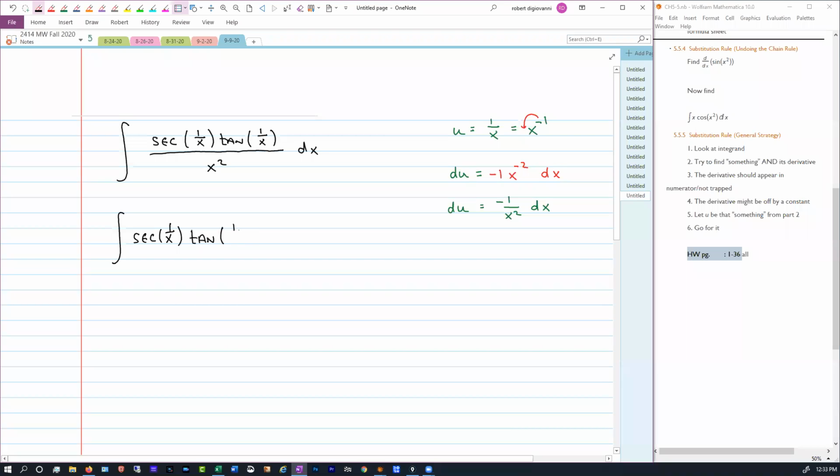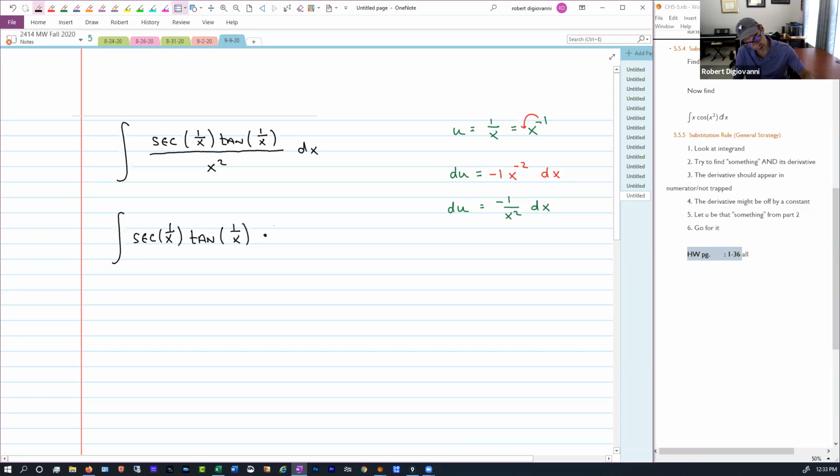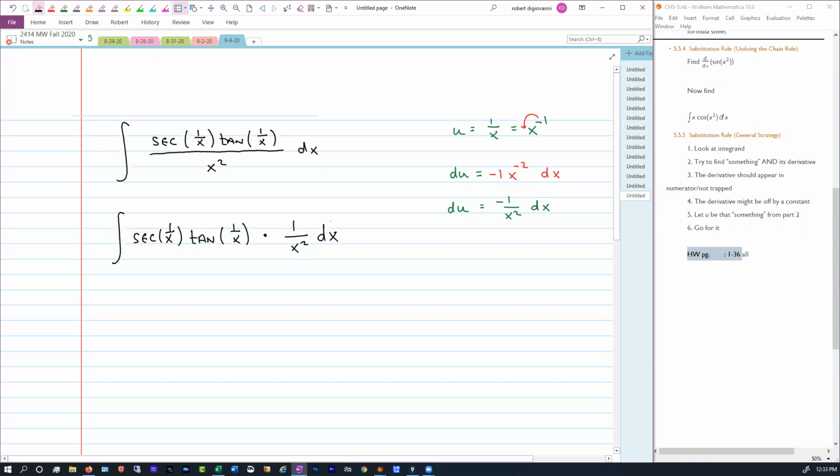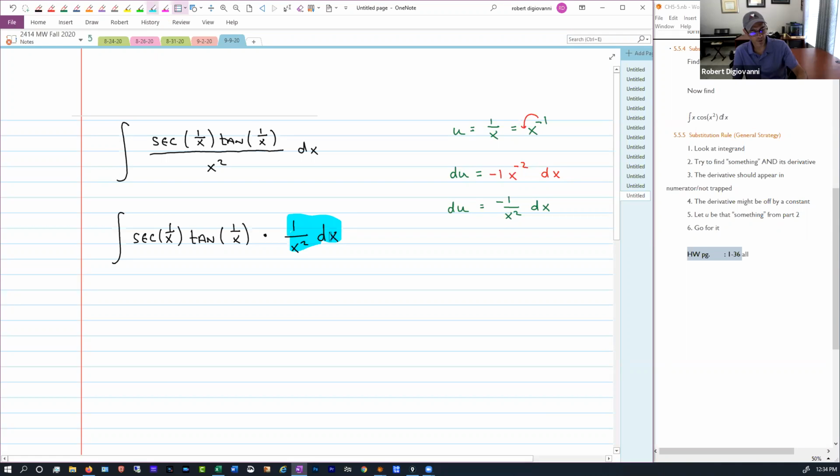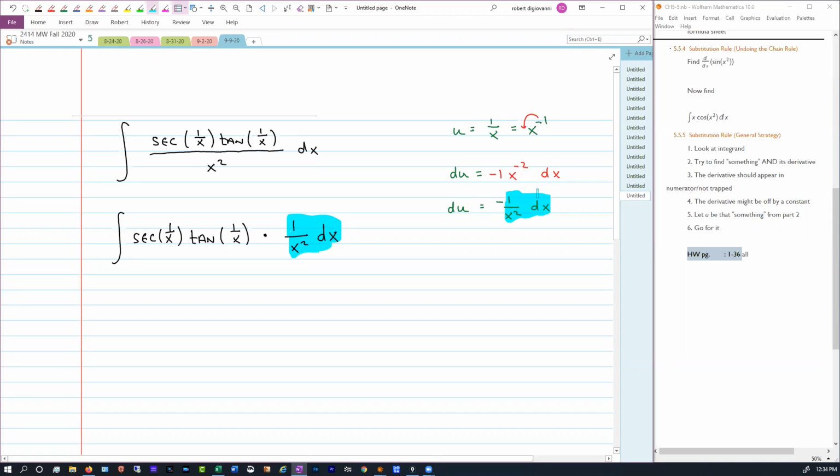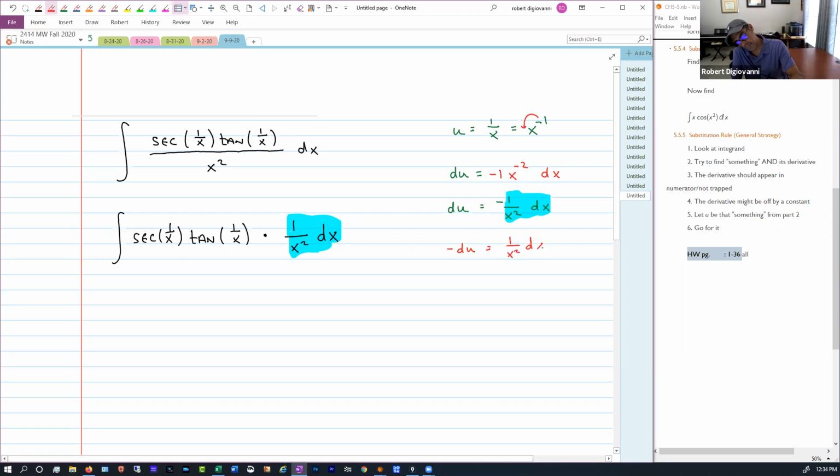So we could go like this and rewrite this like that. Just slide that x squared out. And now this matches with this almost. We're off by a sign, right? Mm-hmm. So you divide the -1 and move it to the other side. So it'll be negative du equals 1 over x squared dx. Okay. Good. And now it matches perfectly.